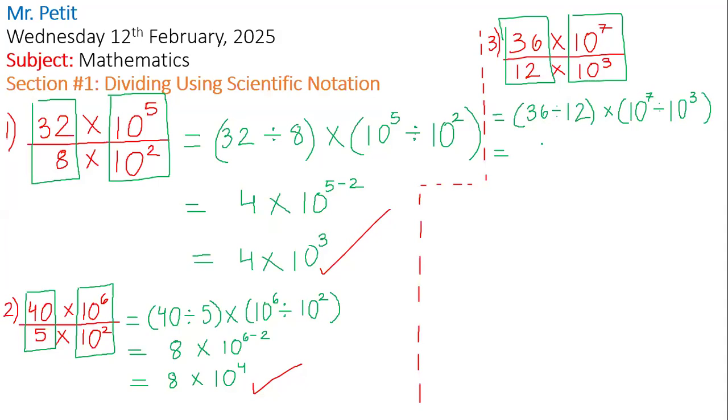3, very good. 3 multiplied by. Anyone got their final answer? I sent mine in the chat. 3 times 10 to the power of 4. Okay, good.